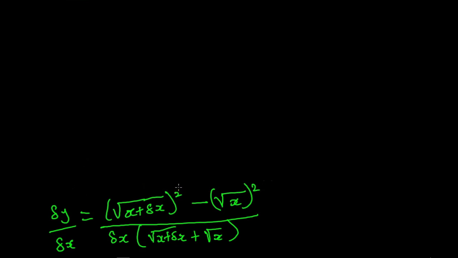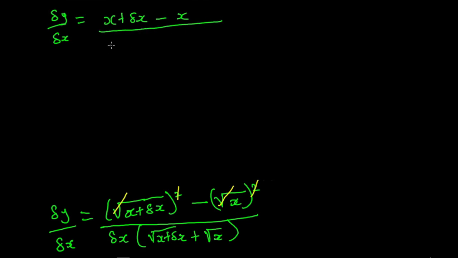From here, this square can cancel out this square root. This square can also cancel out this square root, and therefore we'll be left with delta y over delta x to be equal to x plus delta x minus x, everything divided by delta x into the square root of x plus delta x, then plus the square root of x.